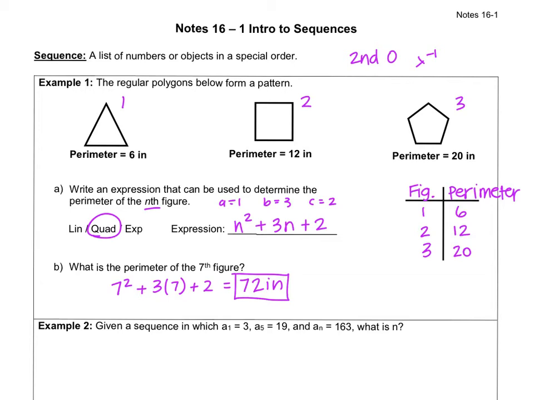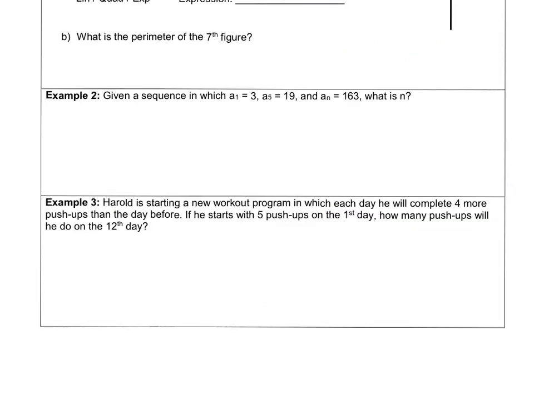Okay, let's look at number 2. Given a sequence in which a sub 1, and we'll talk about what that means in a second, equals 3, a sub 5 equals 19, and a sub n equals 163, what is n?